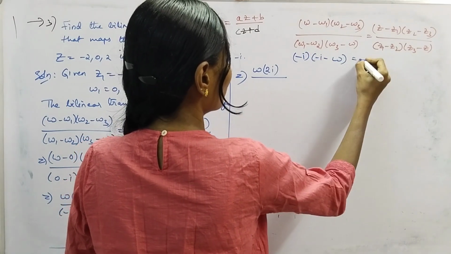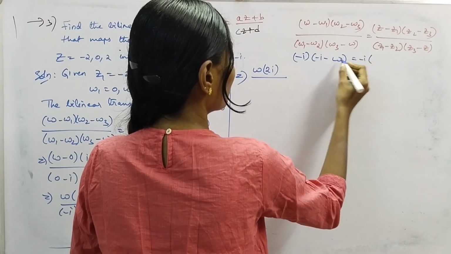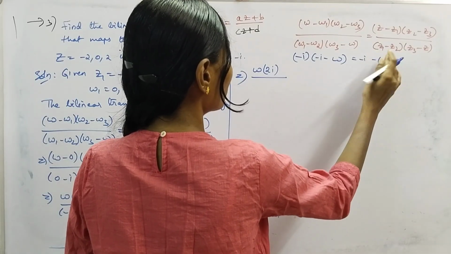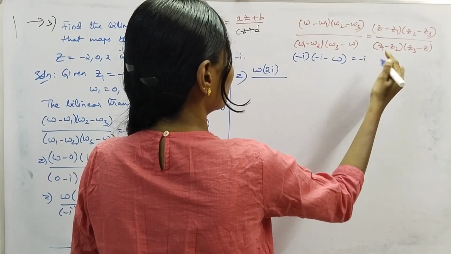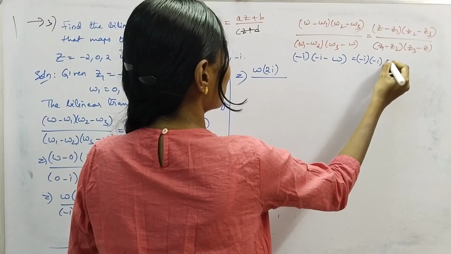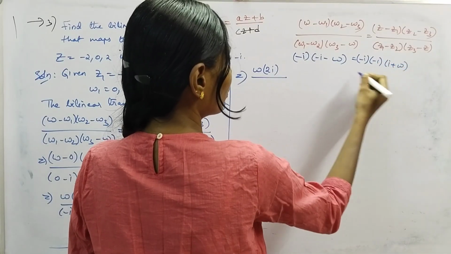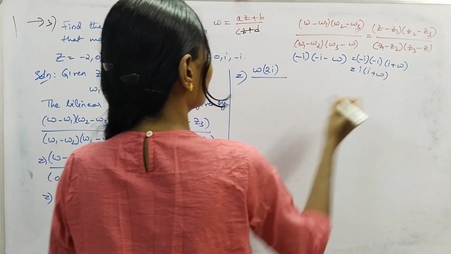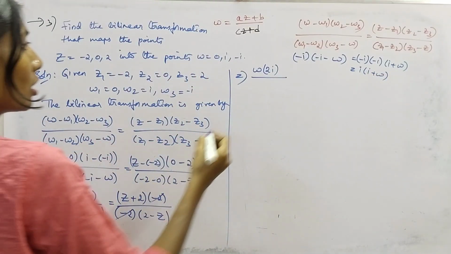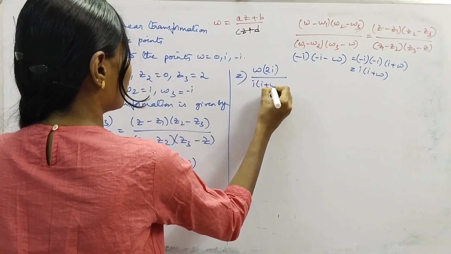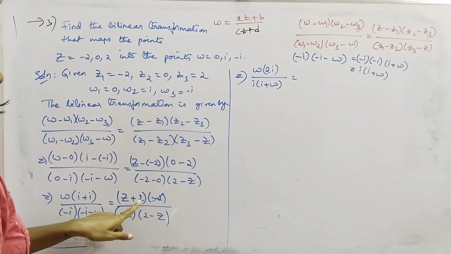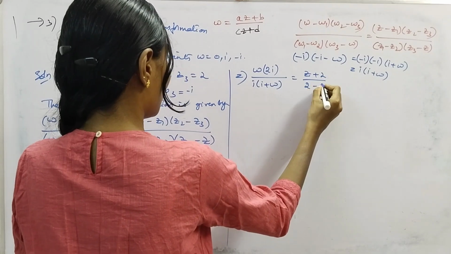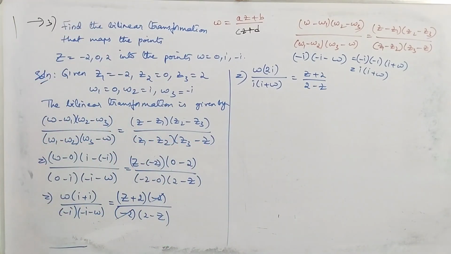So you can take minus common, you'll get minus 1, right? Clear? Minus into minus plus, i into (i plus omega). Okay, so you'll get i times (i plus omega) equal to (z plus 2) by (2 minus z).